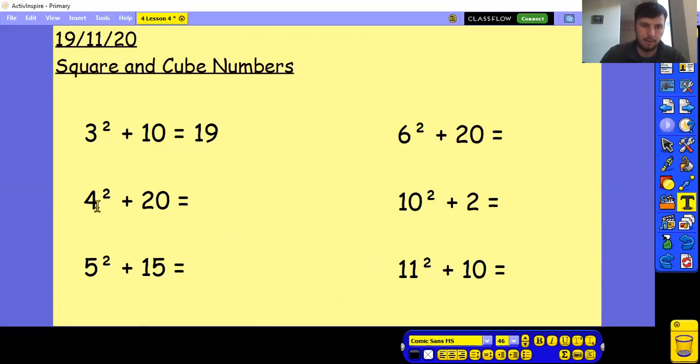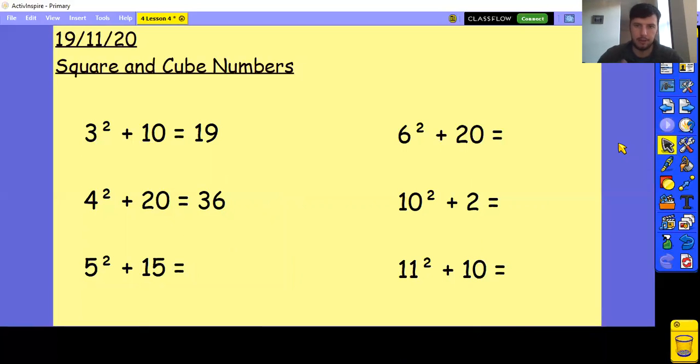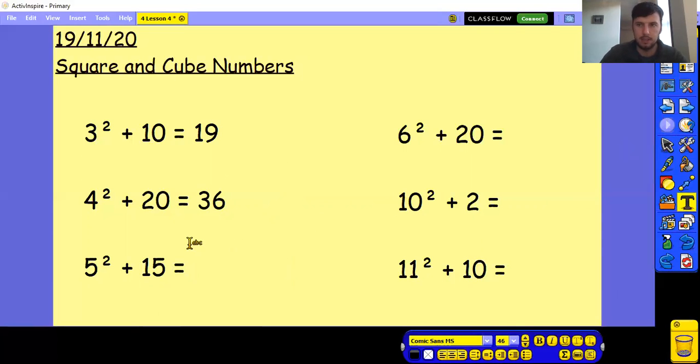And 4 squared is 16. 16 add 20 is going to be 36. Well done. Right, I'm going to give you a couple of minutes to pause the video, and you can go through the next 4 by yourself, and I'll go through the answers in a little bit.